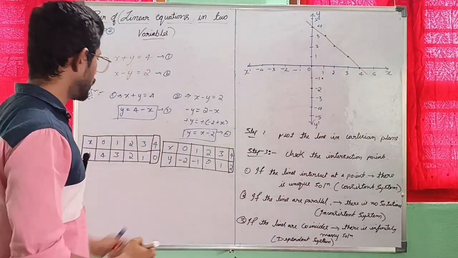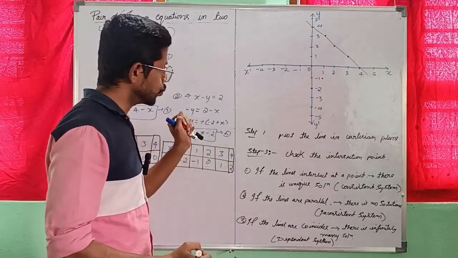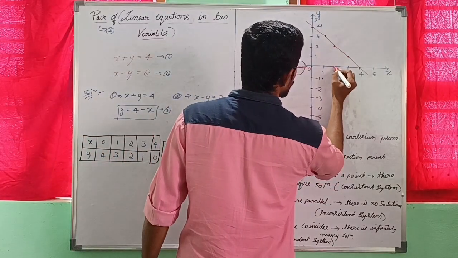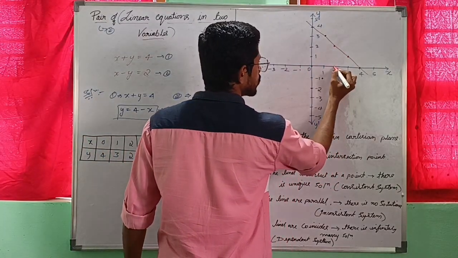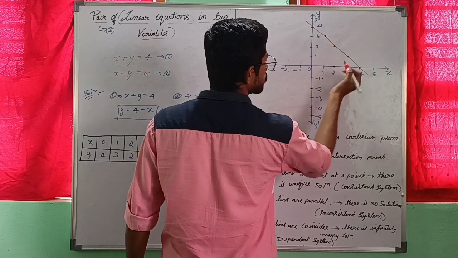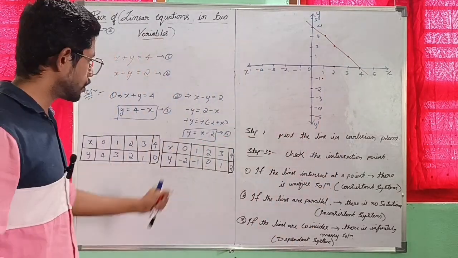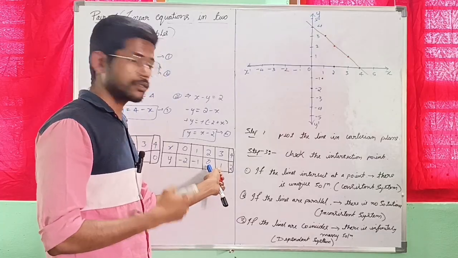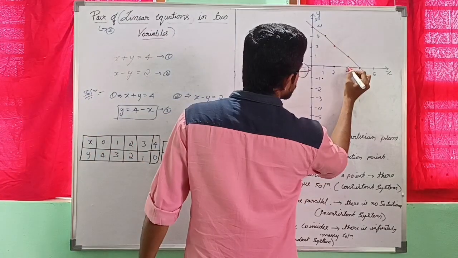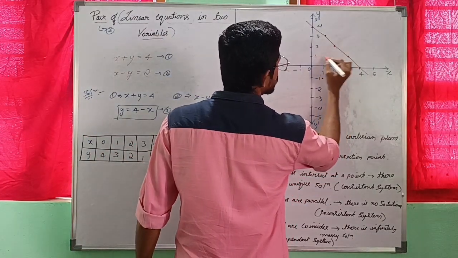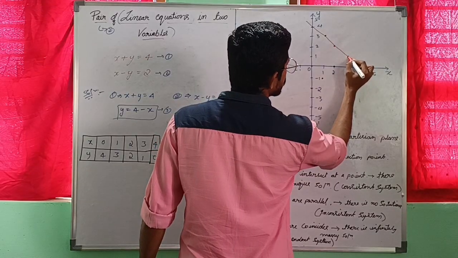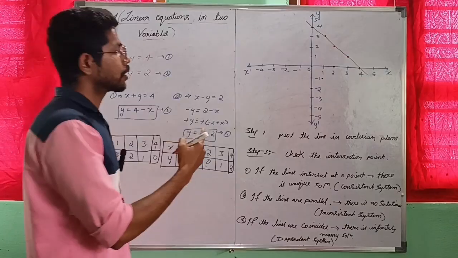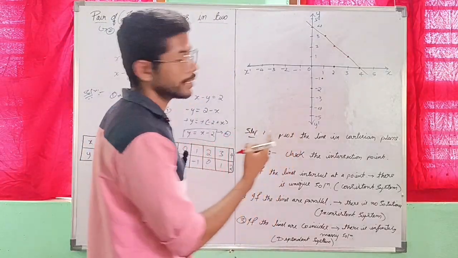Next, when x is 2, y is 0. The point will come here. When x is 3, y is 1. It will come here. Here there is an intersection point.